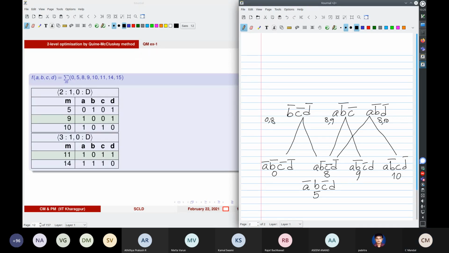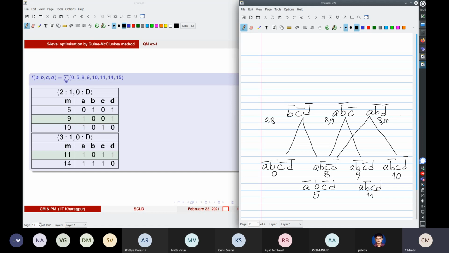So we can write 11 somewhere. 11 is 1011. All right.